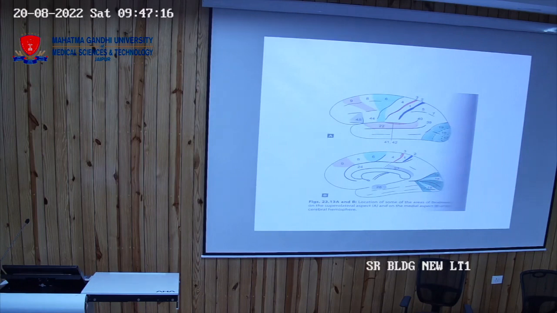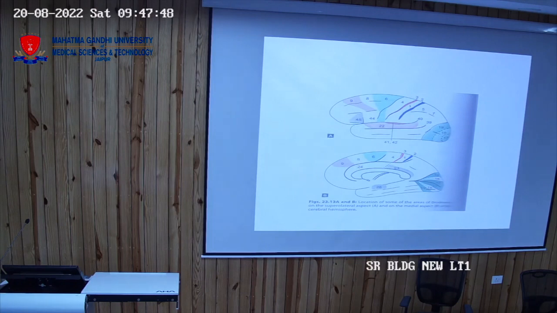At the same time, it is receiving the fibers as the vision, and at the same time stimulation of area 18, 17. What happens? It is providing the temporal side of the ipsilateral side, the temporal side of vision from the left side, with the stimulation of area number 17.